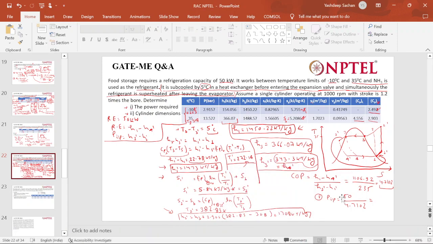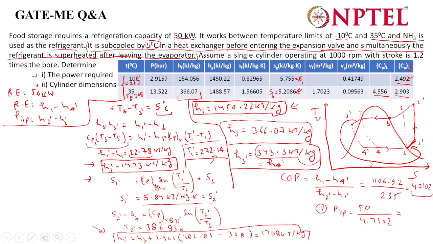So where are we? Power input, right? Power input, 1 minute, 10.6150. 10.51, 10.516 kilowatt. So this much power we have to require to run this compressor. Now next is the dimension of the cylinder we have to find.